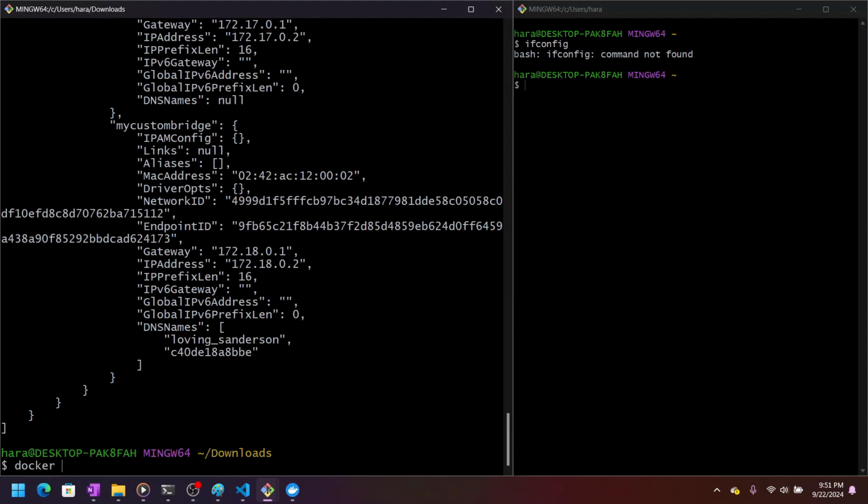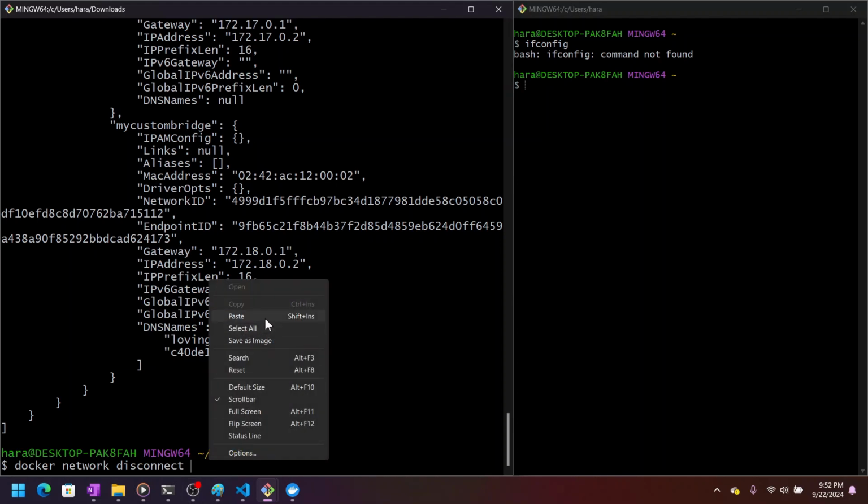So this is how you can connect a running container to a network. You can also disconnect using the disconnect command. Docker network disconnect my custom bridge.